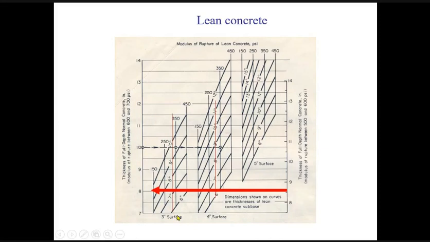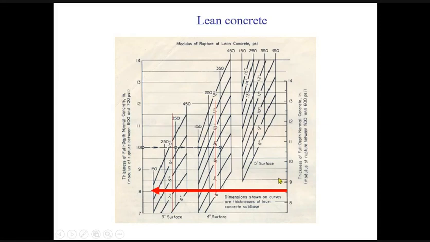And if, for instance, I am using a 4-inch subbase, I will not use 450 because 450 will be uneconomical. I will use 350 modulus concrete. I will have 6 inches, and 7 inches if I am providing 250. So all these final values will depend.